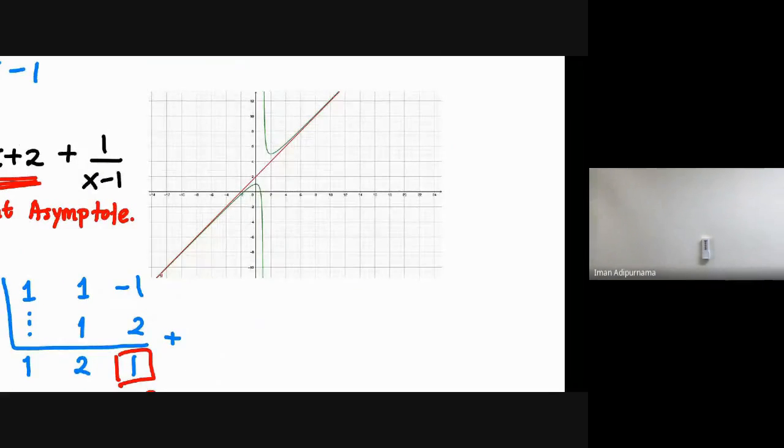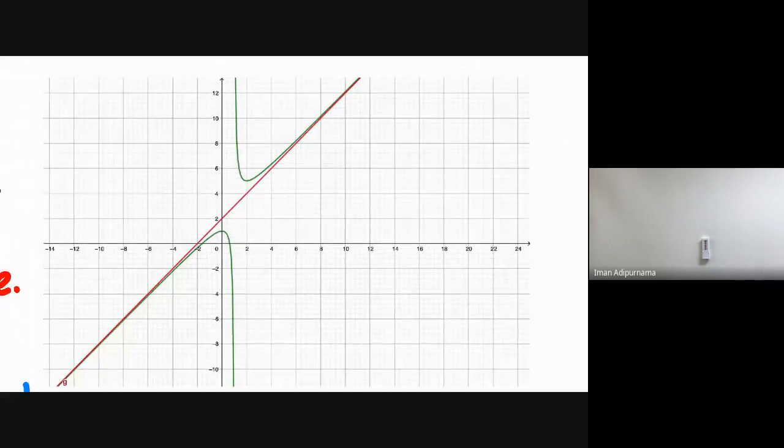And this is what the graph looks like. The red line will be the x plus 2. So you will see that it has a gap, right? It has a gap that, when x approaches infinity, the gap becomes closer and closer. It's becoming 0, not exactly 0, but in the limit.